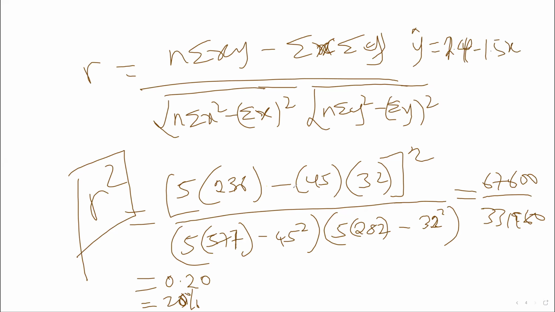So what this is saying is that 20% of the variation in the cost is explained by this regression on miles, which means 80% is not explained by just the miles. It may be due to other factors, let's say the nature of the road, the nature of the terrain, and so forth. Is everybody okay now?